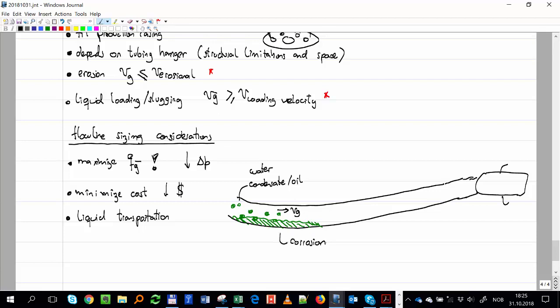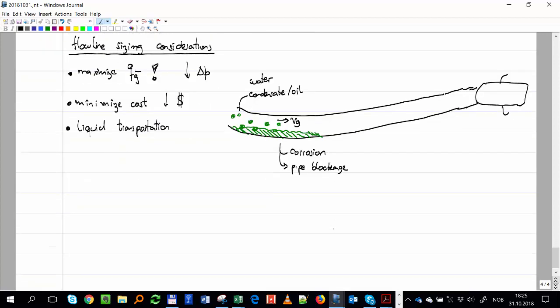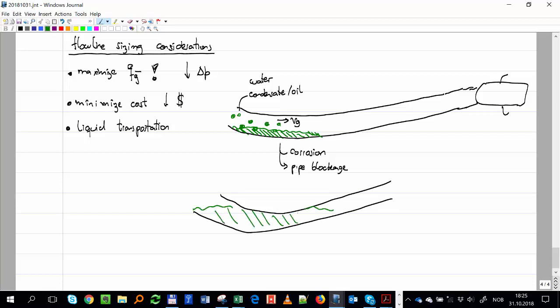You might start having corrosion, and then at the end you're going to have a leakage. Another issue you can have is a pipe blockage. That means if, for example, you have a very pronounced declining section, the liquid level can go all the way up here, and then you have a blockage, an impediment for the flow.